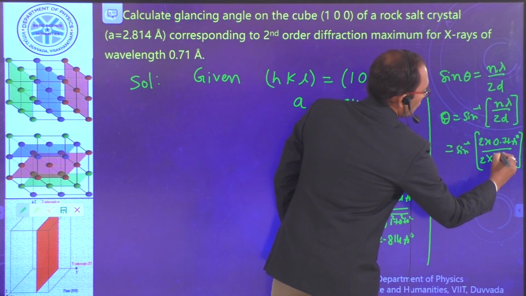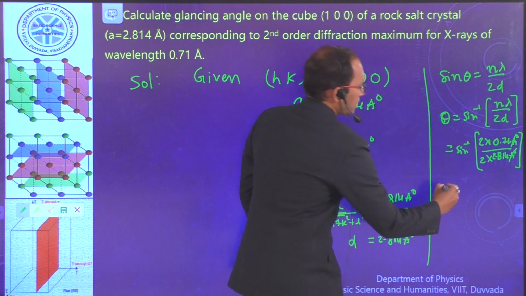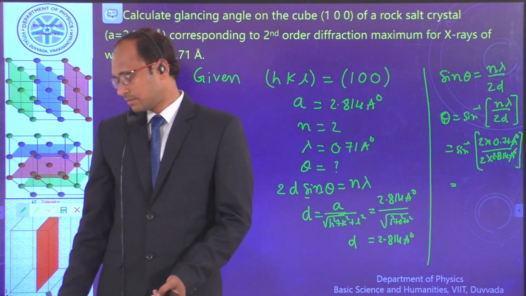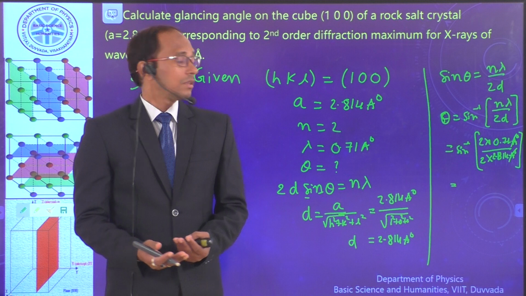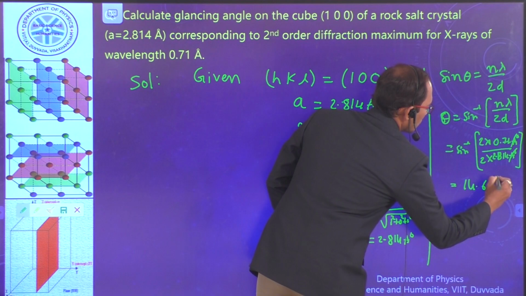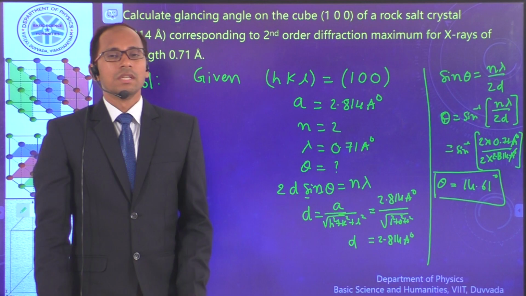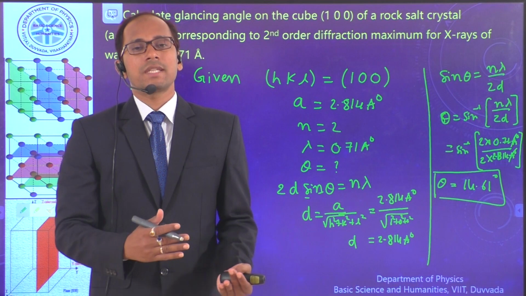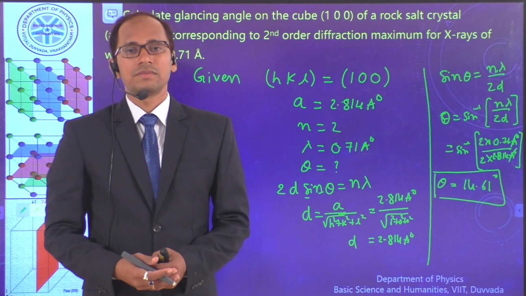The angstrom will get cancelled. If you solve this, you will get theta is equal to 14.61 degree. That is the glancing angle. So from Bragg's law, lambda is given, n is given, and d we can obtain from the interplanar spacing expression. Then we can find the theta value.